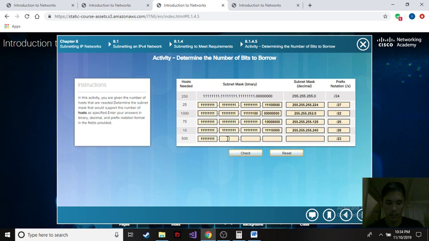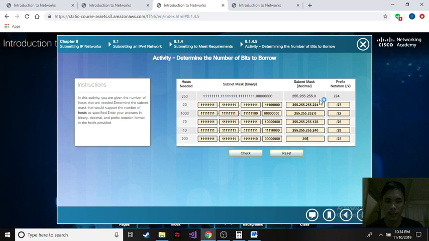Then let's convert it to subnet mask decimal. 255.255. Here will be 7 ones.